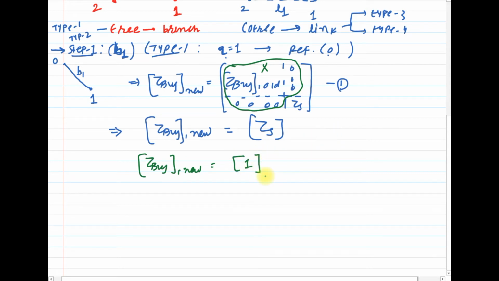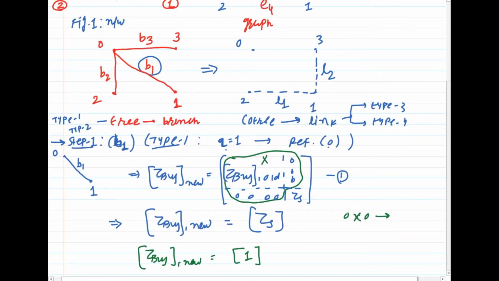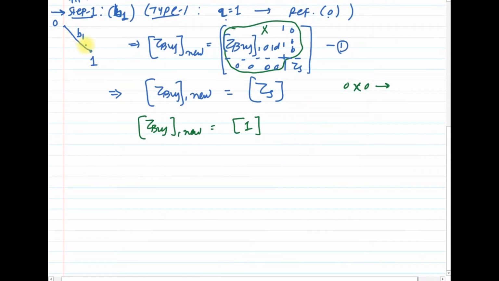Let's verify: if a tree branch is added, the size of the Z bus matrix updates by 1. Previously there was no Z bus old, so the size of the Z bus matrix was 0 cross 0. But after addition of this tree branch B1 into the network, we have the size of 1 cross 1.